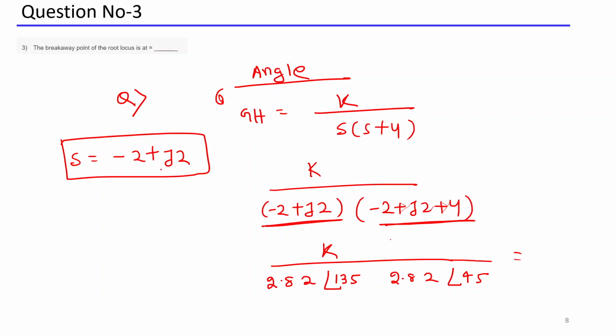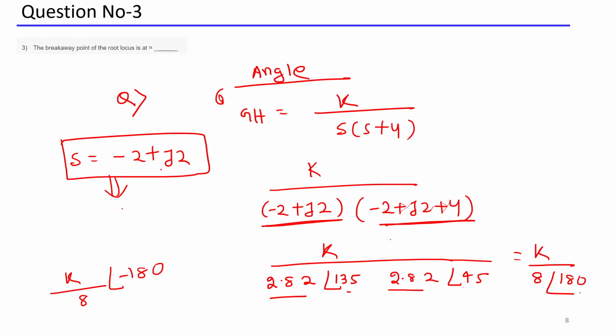Now if you find out exactly what the value is, 2.82 and 2.82 should be multiplied and will give you k by 8 at an angle of, these two angles will be added, so it will give you 180 degrees. Now when this term goes in the denominator, it will be k divided by 8 at an angle of minus 180. Now it satisfies, it means this point will satisfy the angle condition.